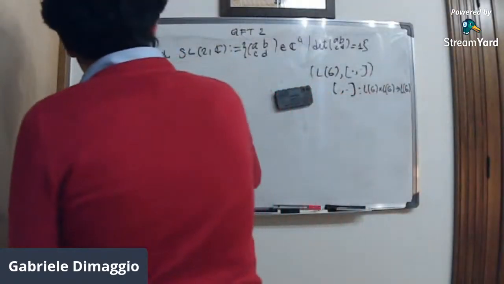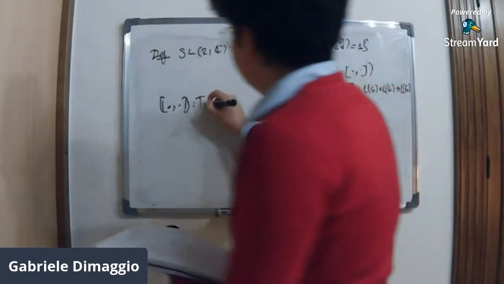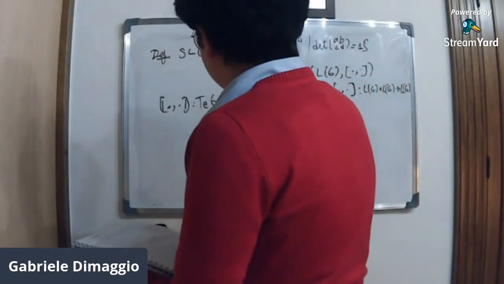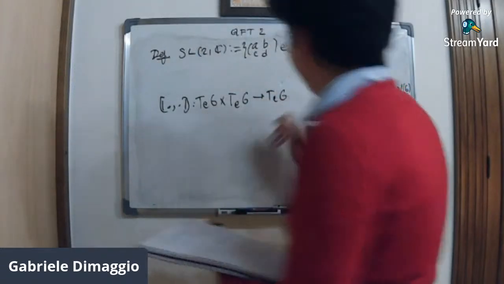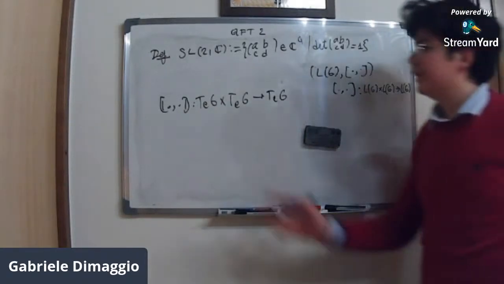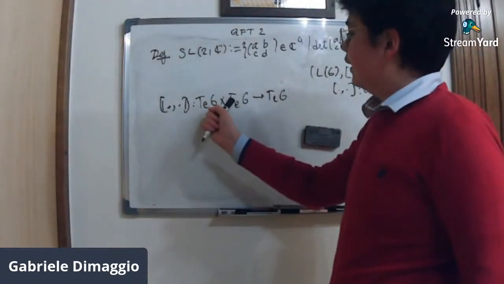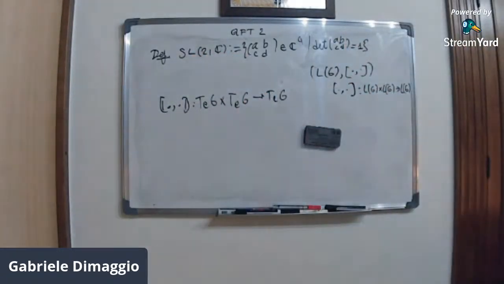This commutator of this kind, from TG to TG, of course, in this case, the group is SL2C.